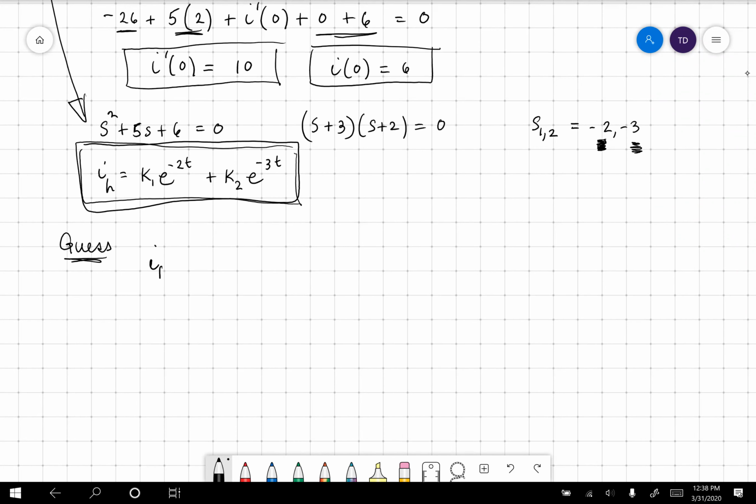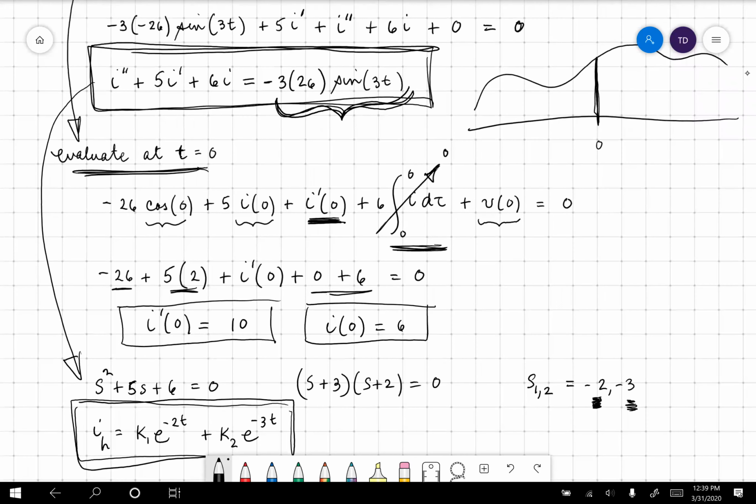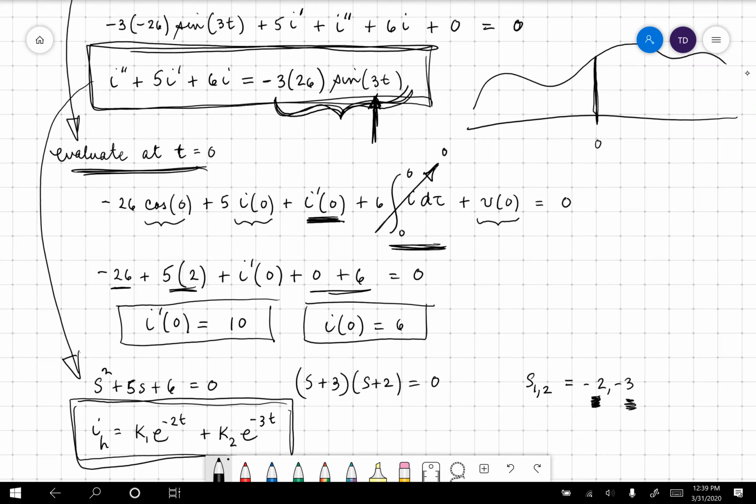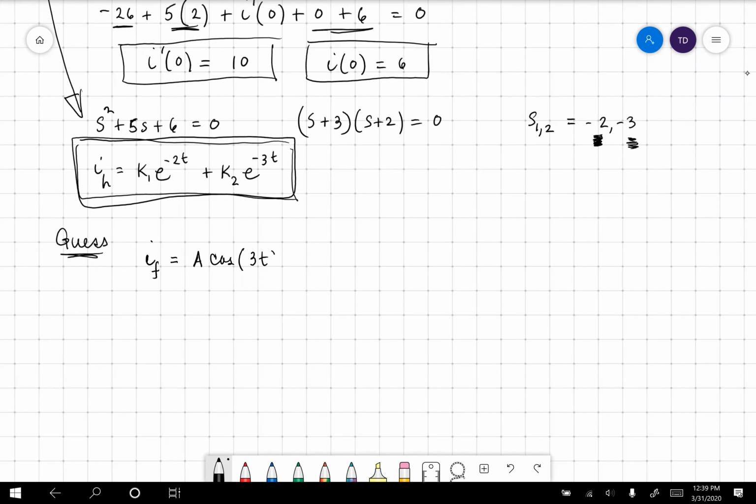So guess i forced equals, he gave the cosine first, so I'll do that. A cosine, and it's going to be the same omega that's in there, right? See that 3? That's where the 3 is coming from. A cosine of 3t plus B sine of 3t.